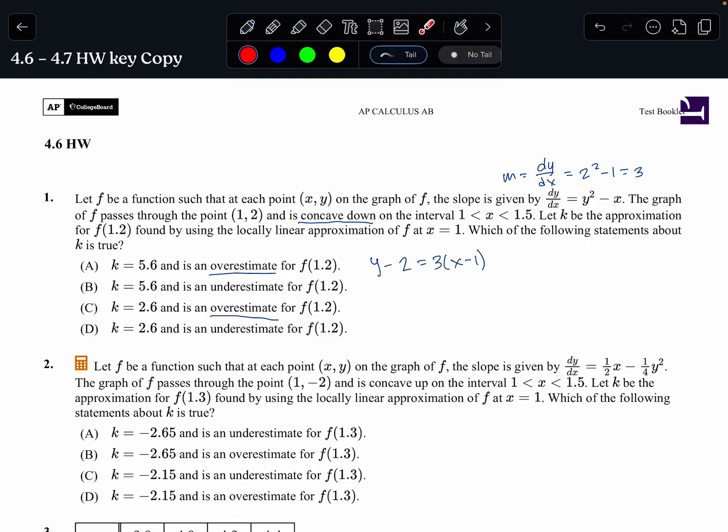Then I'm going to plug in 1.2, which makes x minus 1 equal to 0.2. So y minus 2 is 3 times 0.2, and y is 3 times 0.2 plus 2, which is obviously going to be greater than 2. So it's got to be 5.6 right there. So it's got to be A.